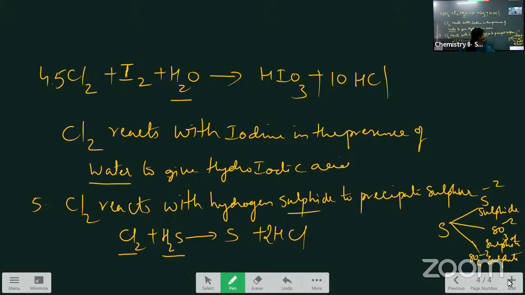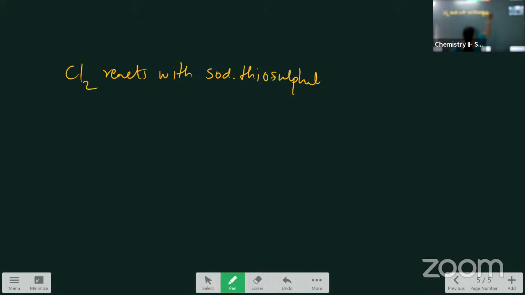Next reaction, Cl2 reacts with sodium thiosulfate to give sulfur.